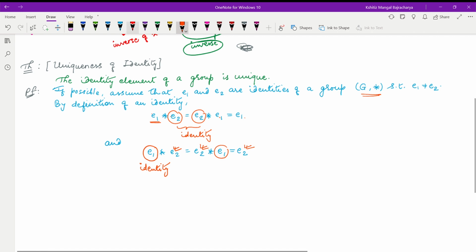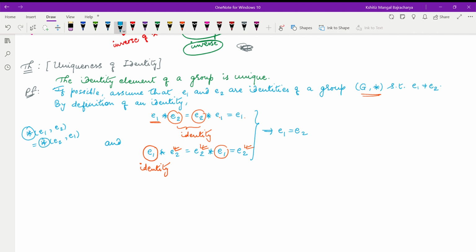Now these two imply that E1 and E2 are equal, because we already have E1 star E2 equal to E2 star E1, and since star is a function, we cannot say that these two things are separate values, because a function assigns a unique value to an element of the domain.